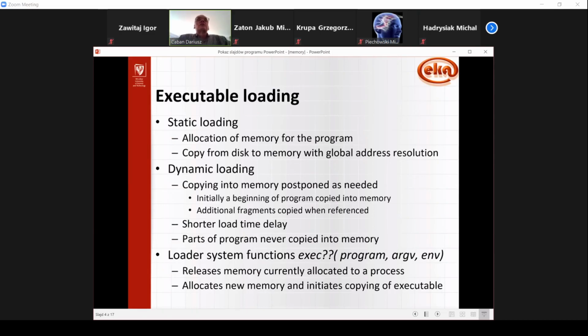That error is handled by the operating system, and additional fragments are then copied into memory when they are referenced. So what is the advantage of such an approach? Of course, there is a clear disadvantage. It's much more complicated than static loading.